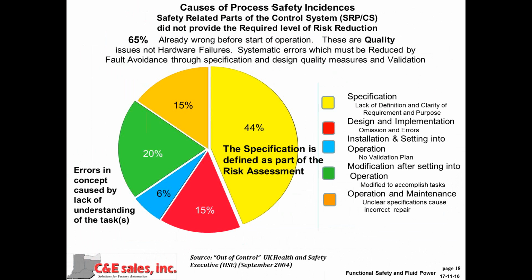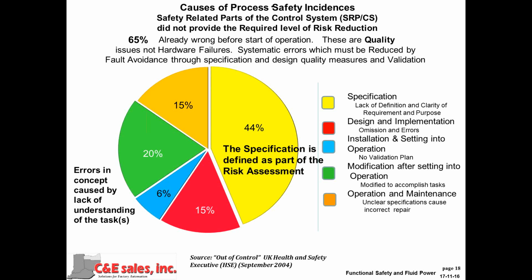In 15%, the design didn't do what the specification said. In 6% of them, the installation was not right. In other words, while the specification and the design were adequate, the installation did not follow those rules.